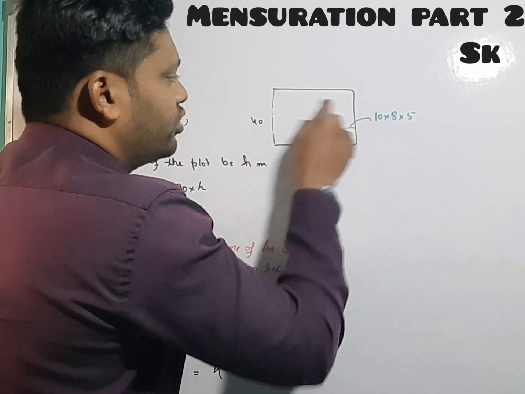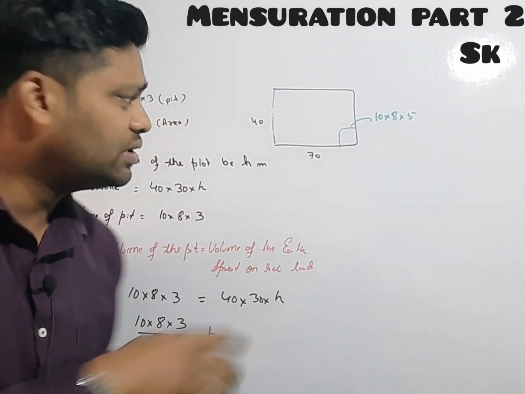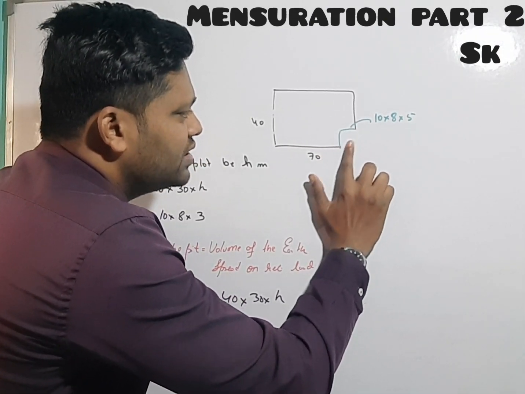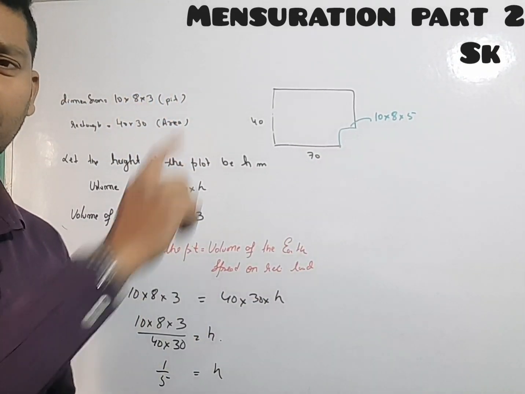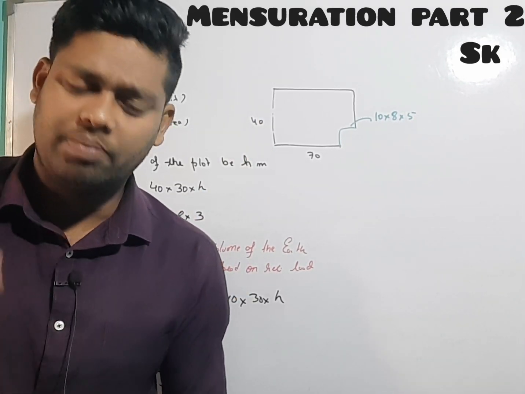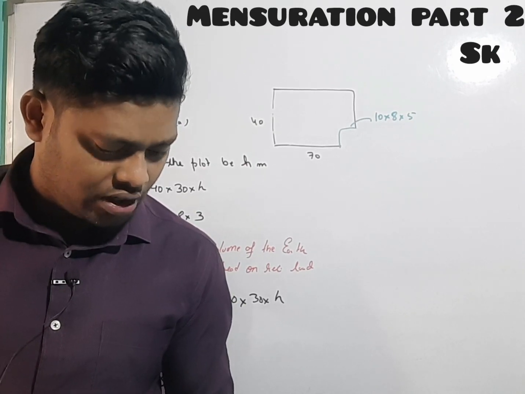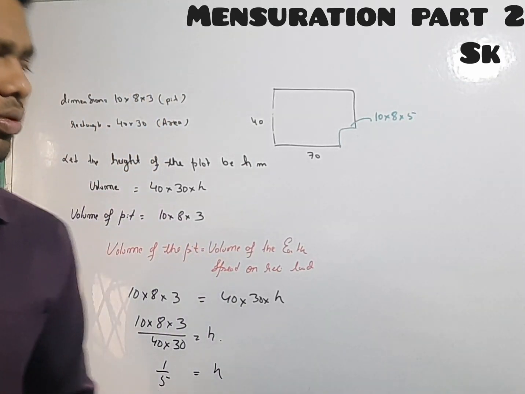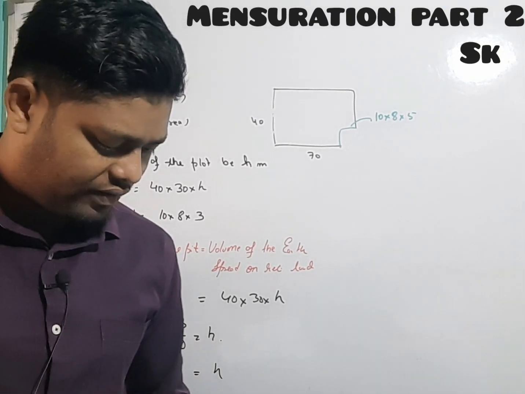So the level will increase throughout, because it is being evenly spread. They're asking: what is the rise in the level of the field? What is the increase in the level of the field?